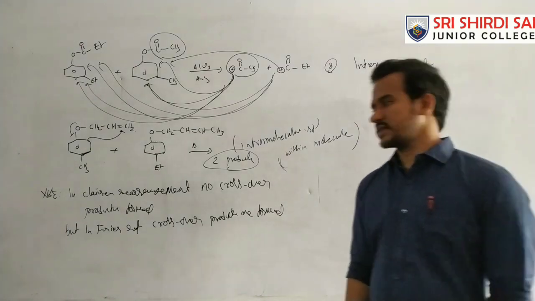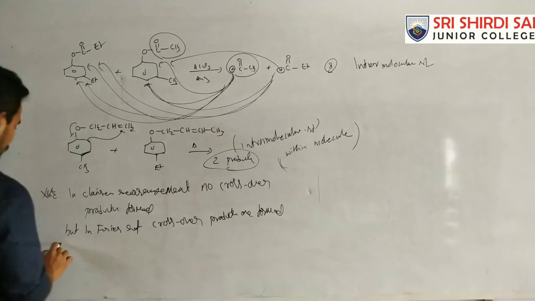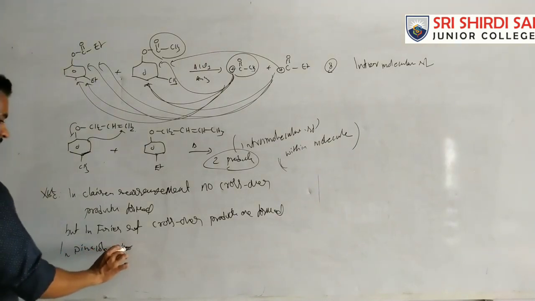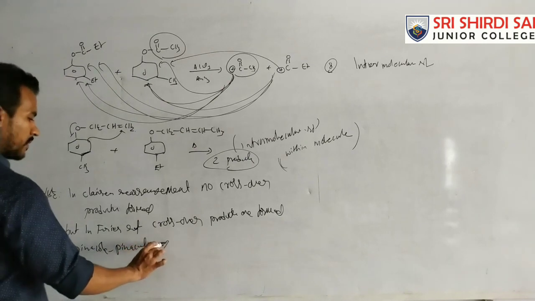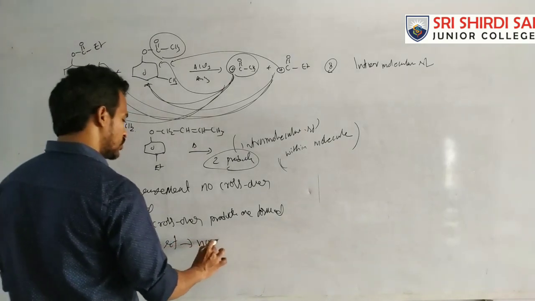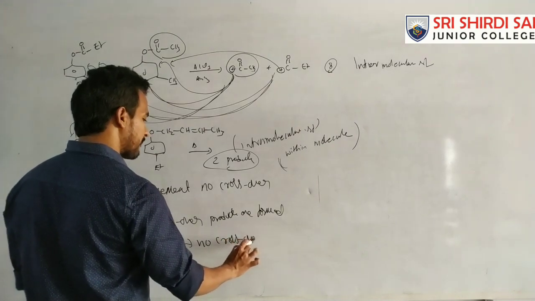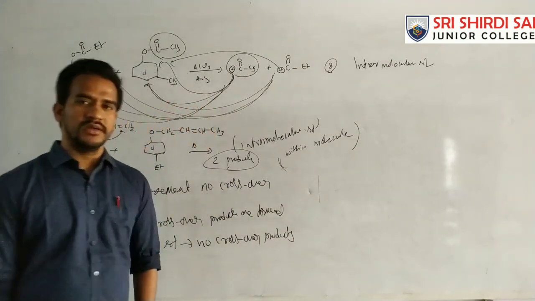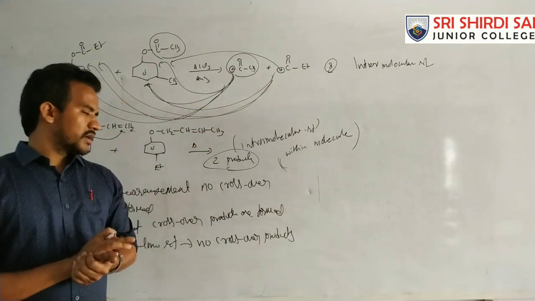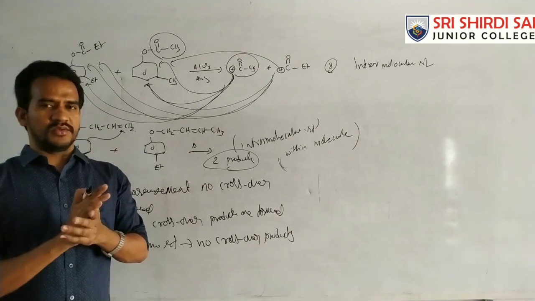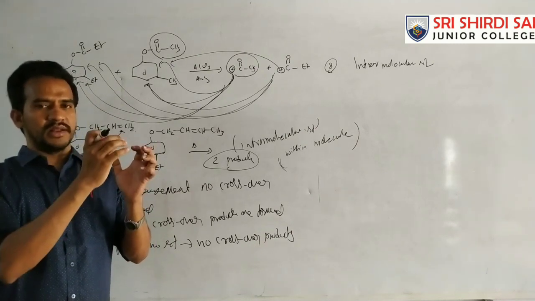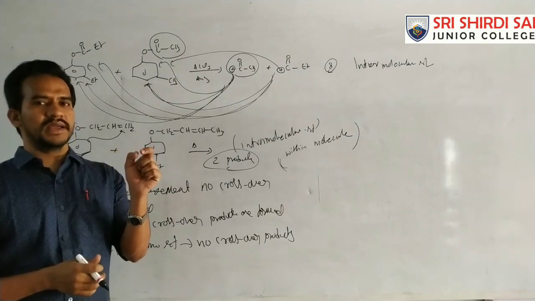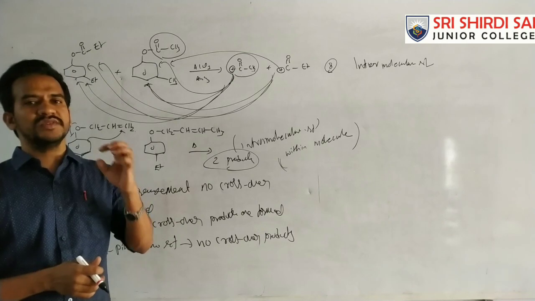What should we say about pinacolone rearrangement? In the pinacolone rearrangement also, there are no crossover products. The alkyl group is migrated from one carbon to the other carbon, internally, within the molecule.